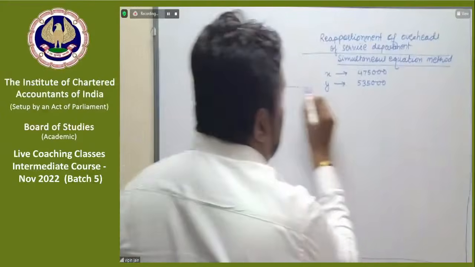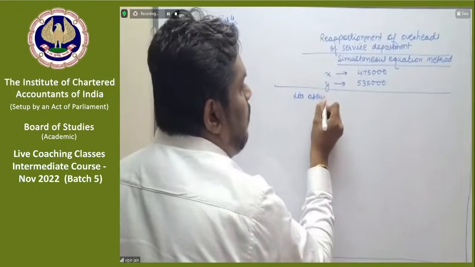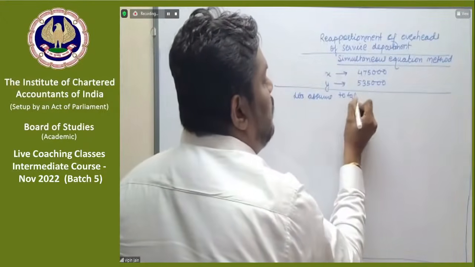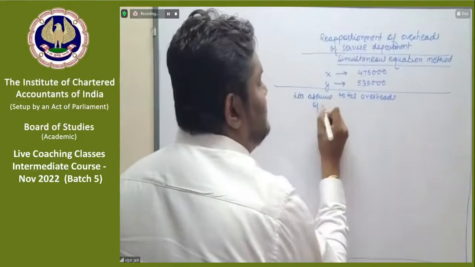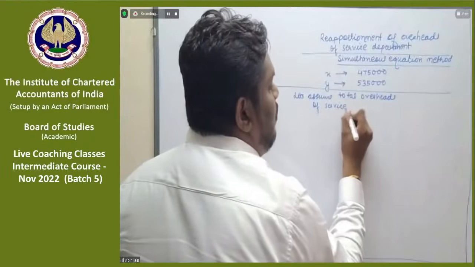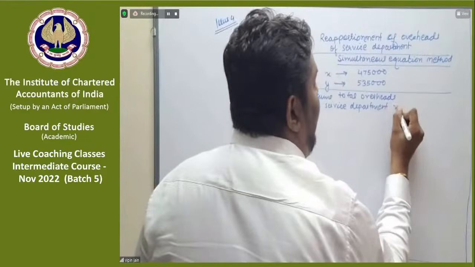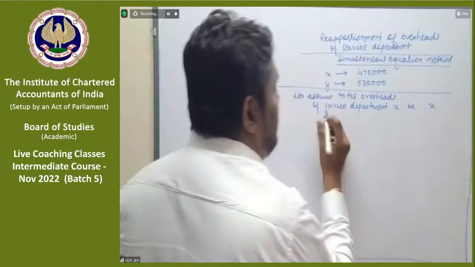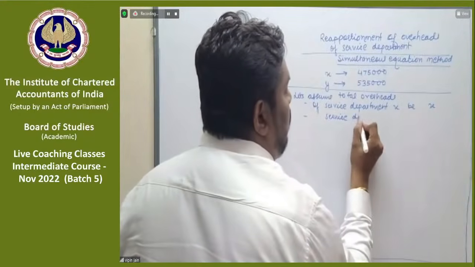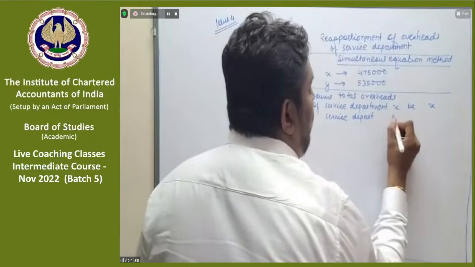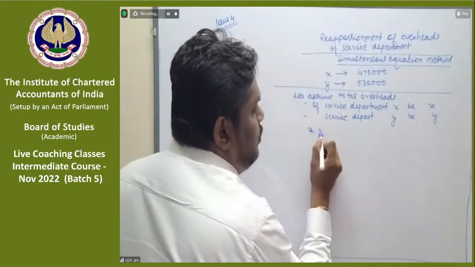So now, let's assume the total overheads of service department X be X and service department Y be Y. So how much will be the total overheads of X?